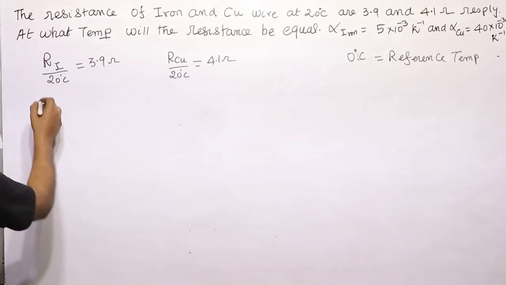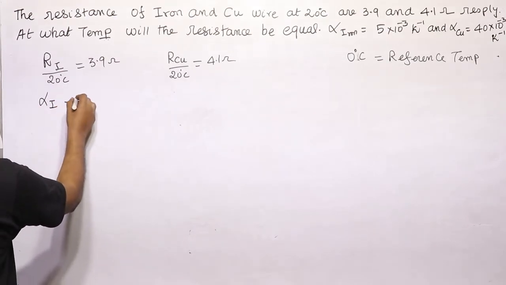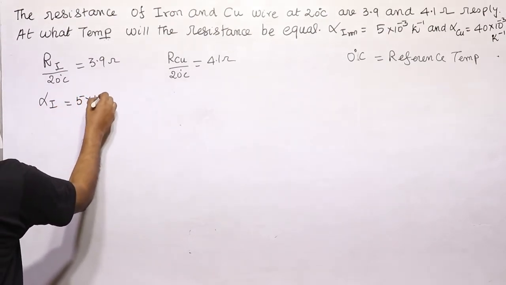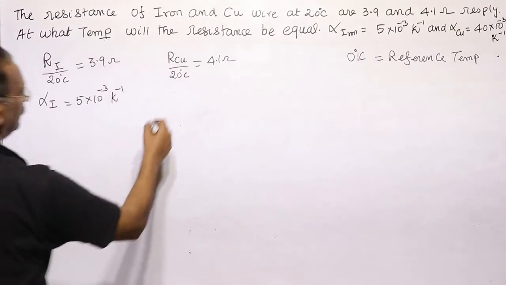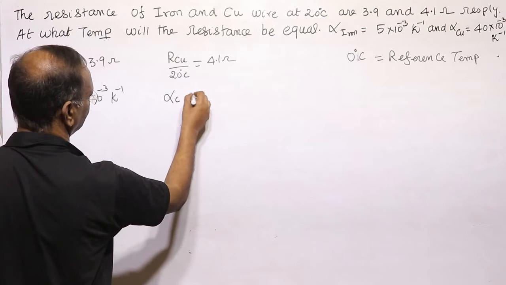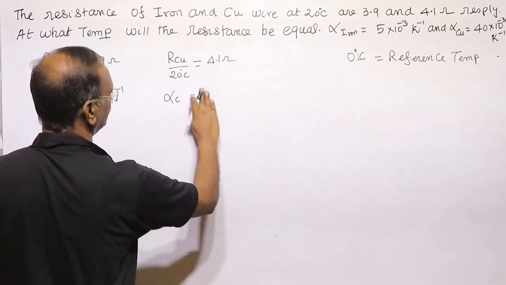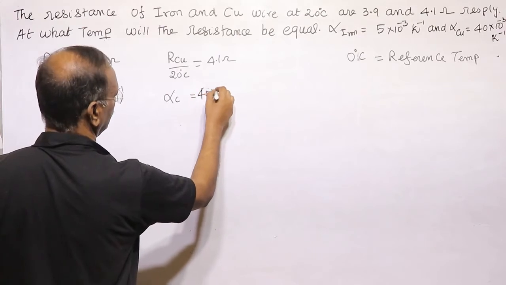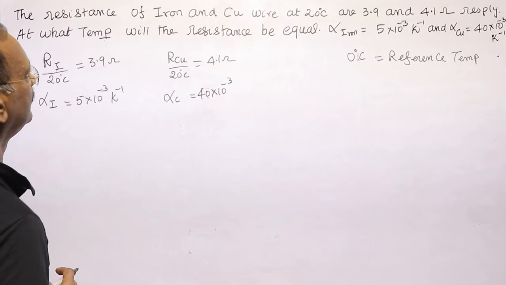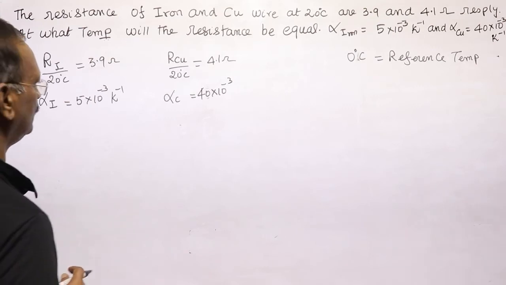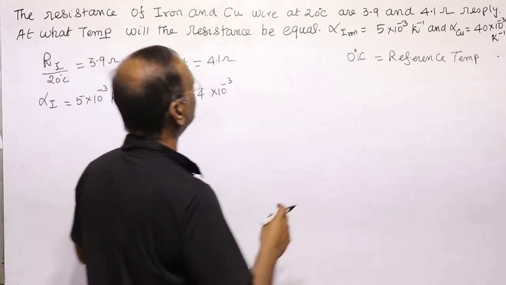Alpha for iron is equal to 5 into 10 to the power minus 3 Kelvin power minus 1, and alpha for copper is equal to 4 into 10 to the power minus 3.